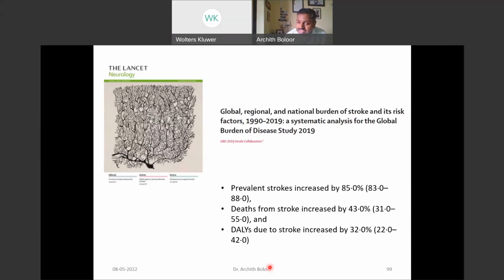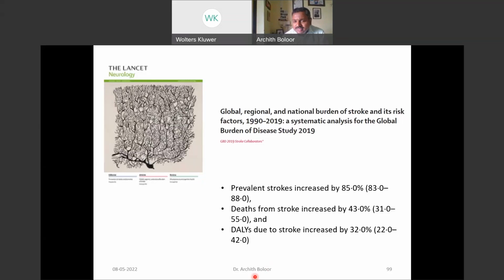Death due to stroke has increased by around 43%, and the number of years lost due to stroke has increased by 32%. So it's a large amount of thing that's happening with stroke. From 1990 to 2019, there is an exponential increase in the number of strokes that we have seen.